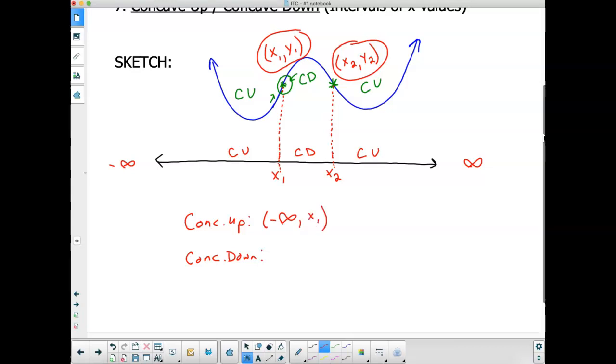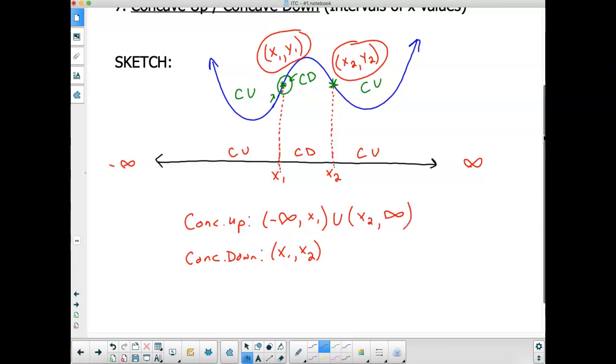And at that x sub 1, I changed to concave down between x sub 1 and x sub 2. And then I change concavity at that next point of inflection, so I'm concave up, so I need a union in there again from x sub 2 forever and ever and ever.